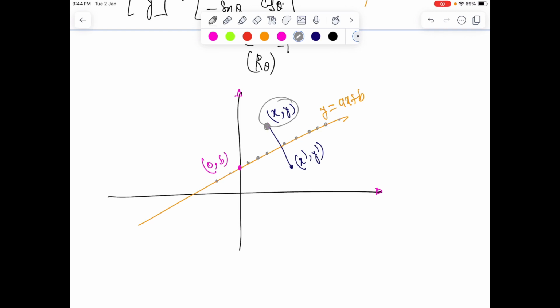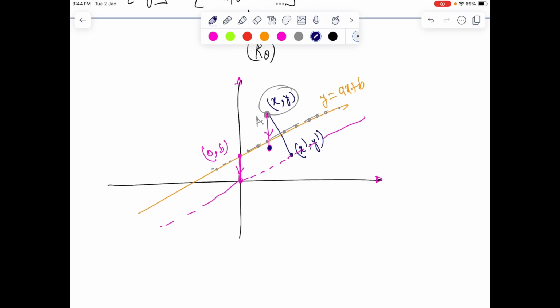So each and every point on this line, including this point, let's say A, and all the points on the line will be shifted. Let's shift it by b units down. If you make it fall by b units down, the new line will be here. So all the points suffered this change. Basically point x, y also suffered a b unit gravitational fall.